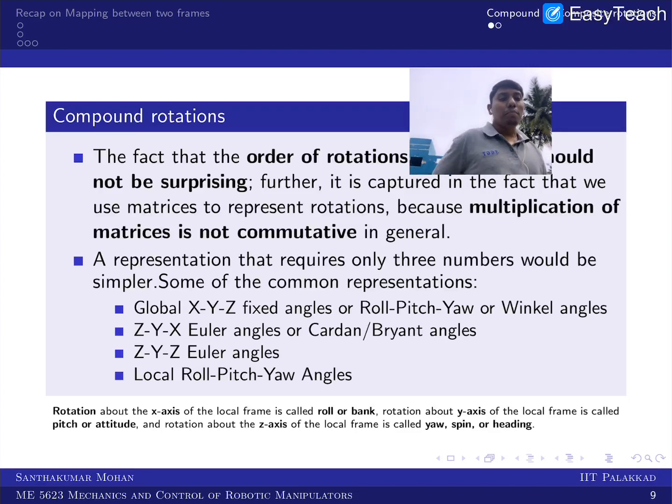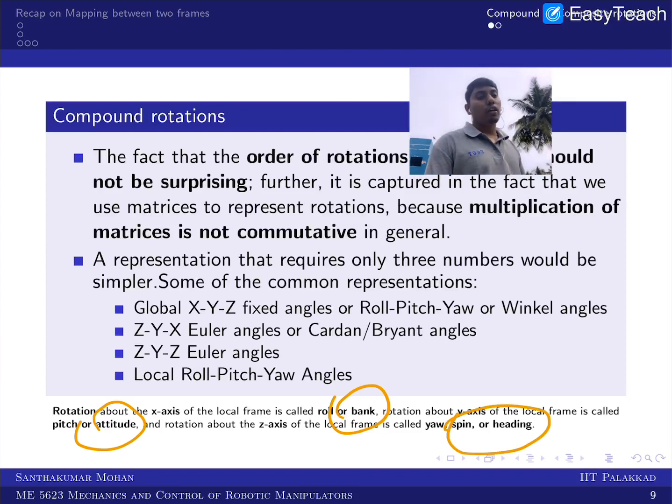Sometimes we simply call it band, but the right term is bank. So bank, attitude, and spin and heading are three different notations of roll, pitch, yaw for the localized frame. You got it, right? So now we'll move forward.